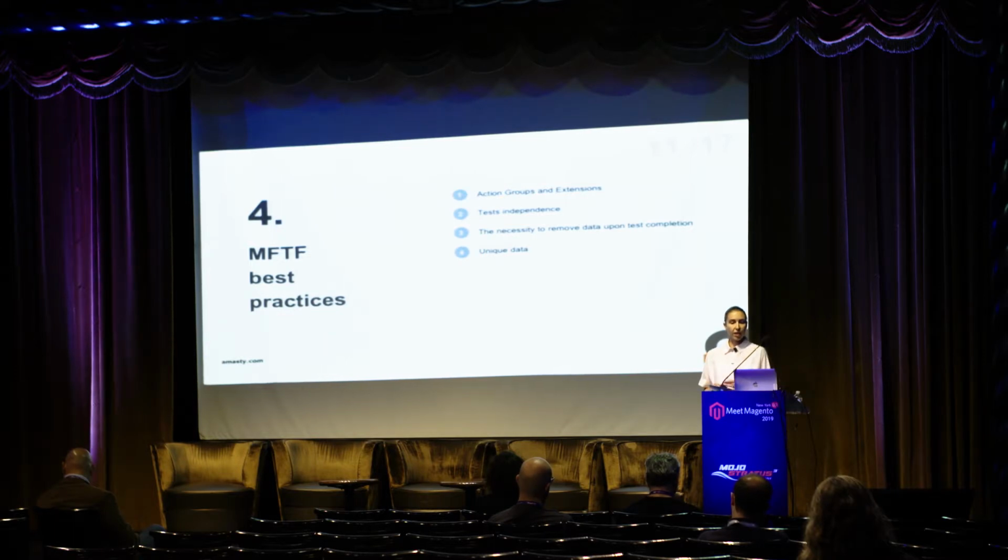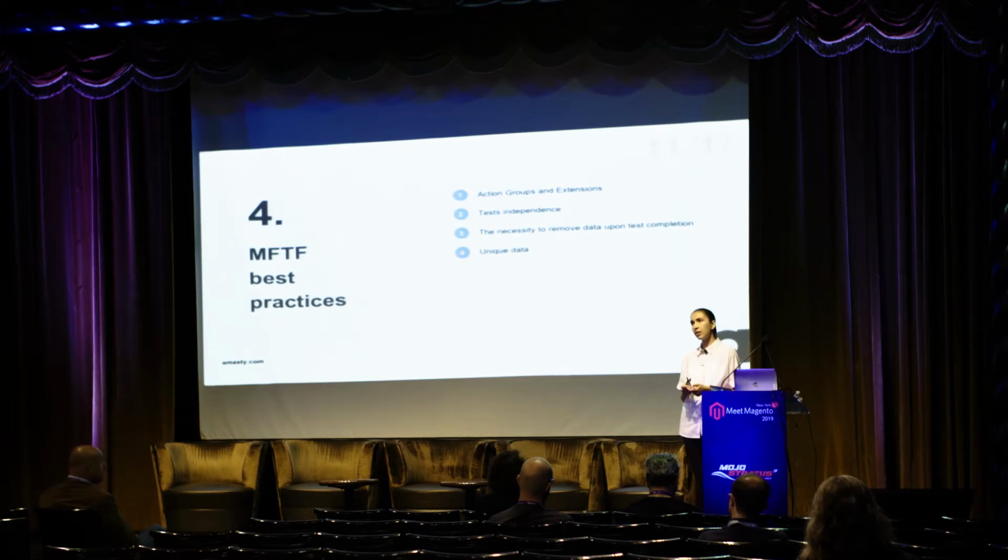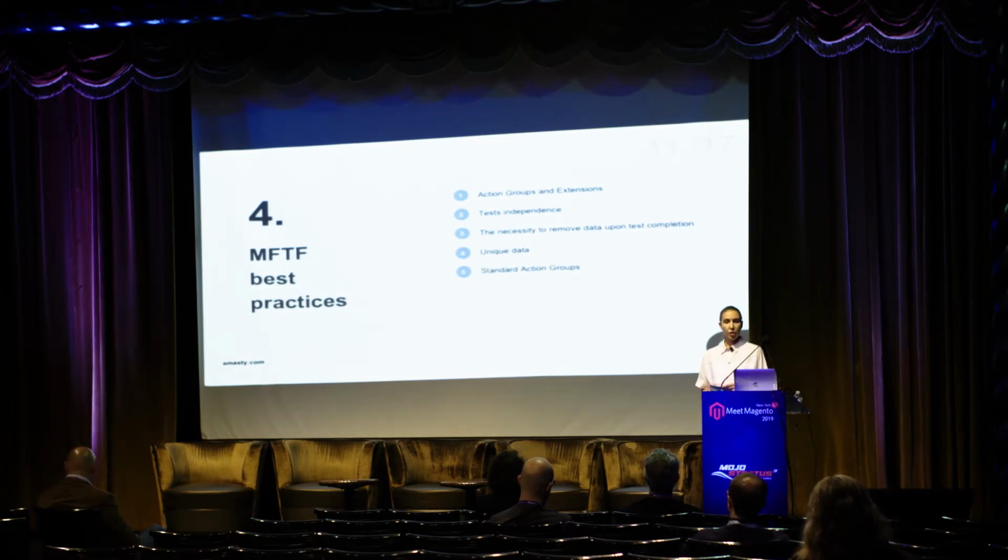All the data the test creates must be unique when it comes to IDs, URLs, keys, and so on for the same purpose. Standard Magento action groups should not be neglected. Moving forward to self-sufficiency.